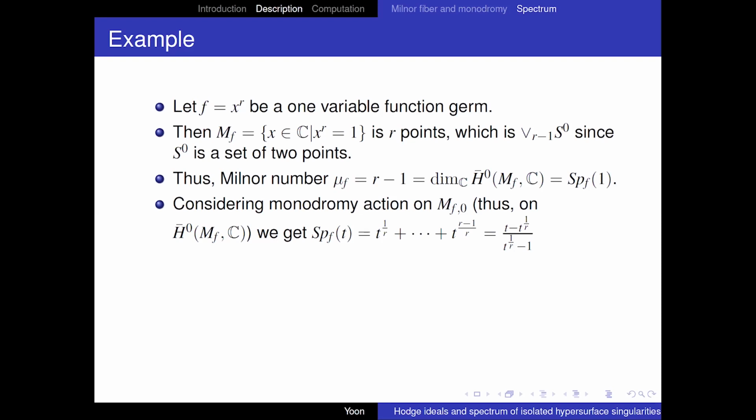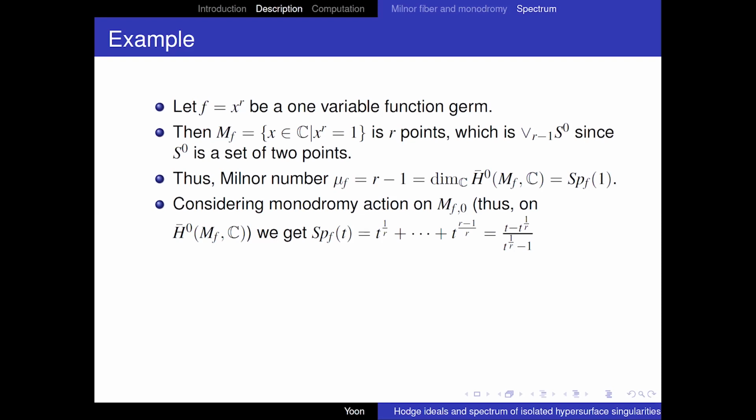And then we are considering the reduced cohomology. We have to subtract the one-dimensional piece, which is a trivial action. So if you think of the eigenvalues here, you will have a 1. That is e^{2πi·0}, and then the next one is e^{2πi·1/r}, e^{2πi·2/r}, something like that.